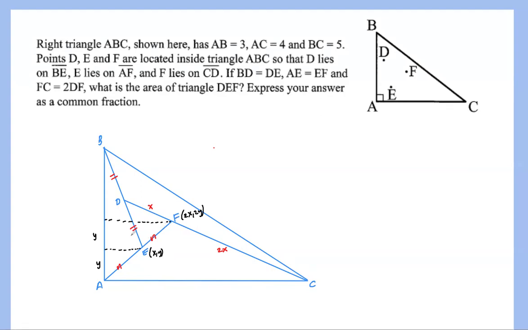So if this is 2y, which is the distance from F to AC, then the distance from D to AC has to be 3 times as much. So we can say the y coordinate of this point is just 3y. Again, if that doesn't make sense, you just extend this and make a similar triangle. I hope that will show you the reasoning why that's the case.